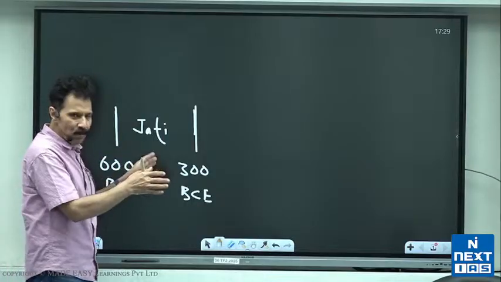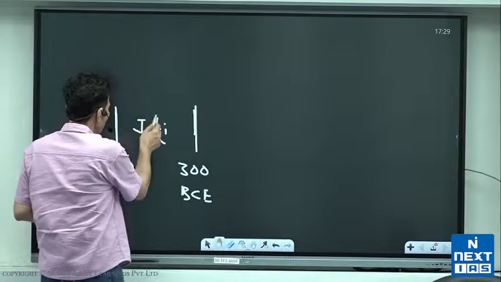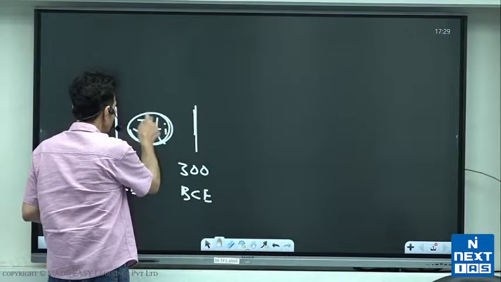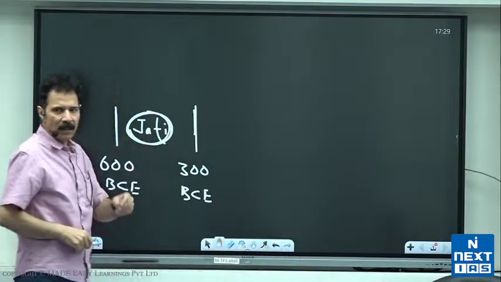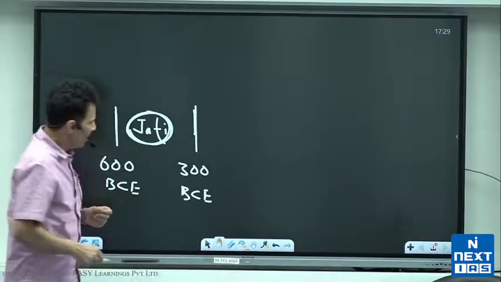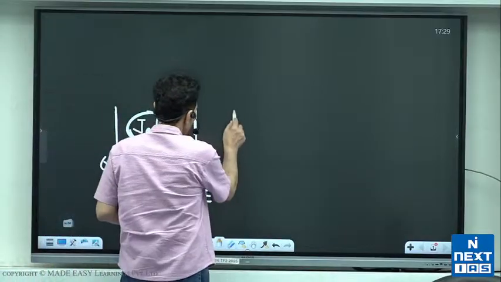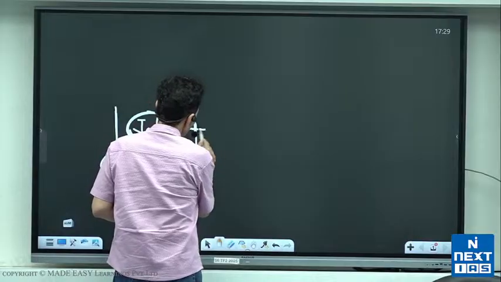this kept on expanding. Initially, we have very limited references of jati. For one example, Chandal. Then later on, what we find, this kept on expanding.